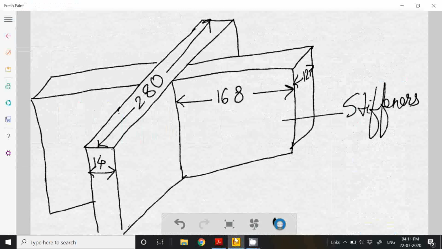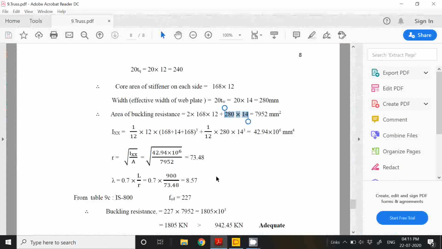Now if I have to find out the total area for buckling resistance, it's the total area of the plates plus total area of the web. 280 by 14 is this one, and 168 by 12 is this one, both sides.